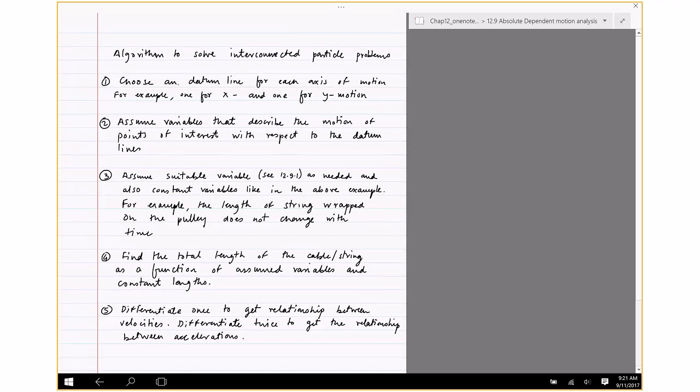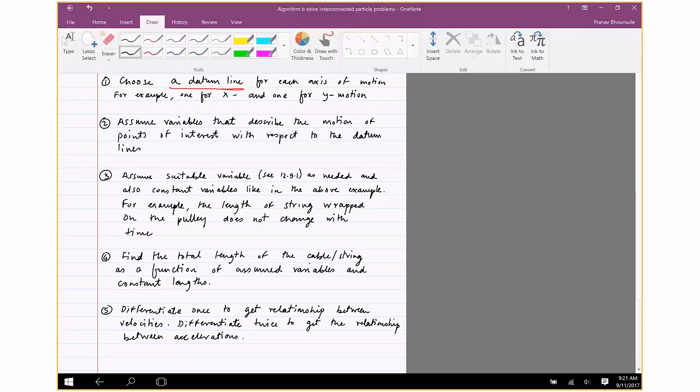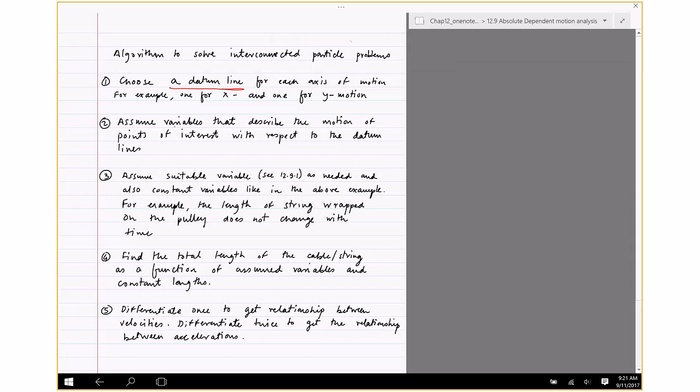Choose a datum line, that's the origin. The next step is to assume variables that describe the motion of points. In the previous example we said YA, YB, and previous to that it was XA, XB. Then assume suitable constant variables also.